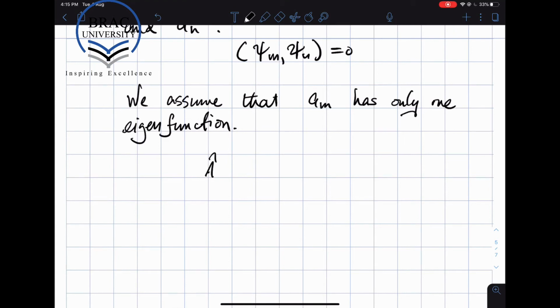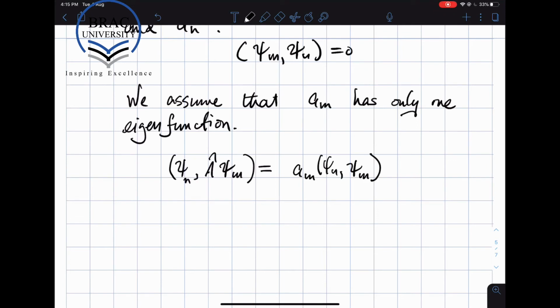We apply A on, say, psi m, and then when we apply that, we get on the right hand side a_m psi m. Now we take the inner product of psi n with psi m.